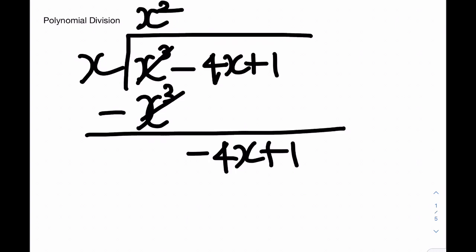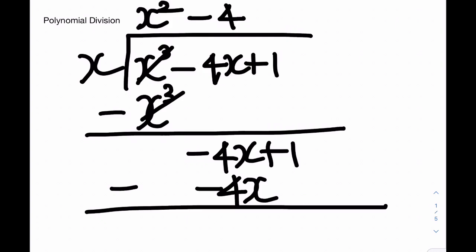Okay, now our next step is to see if we can multiply something by x in order to remove negative 4x, and we can by multiplying by negative 4. So negative 4 times x is negative 4x, and if we subtract that, we get 1, because the negative makes this a positive and they cancel out, and we are left with 1.